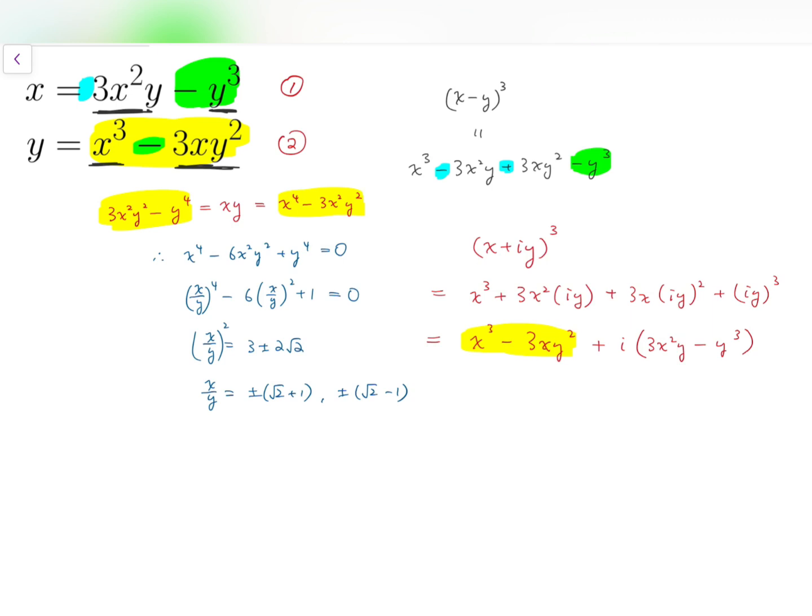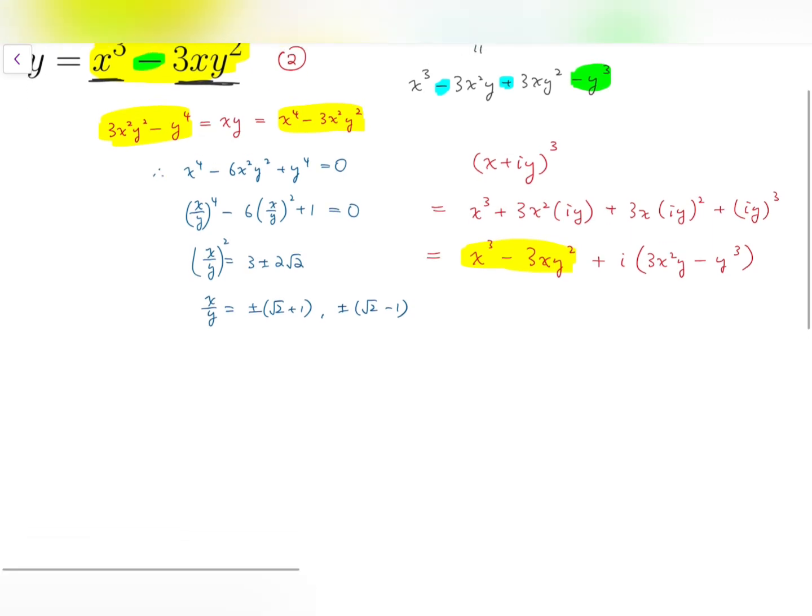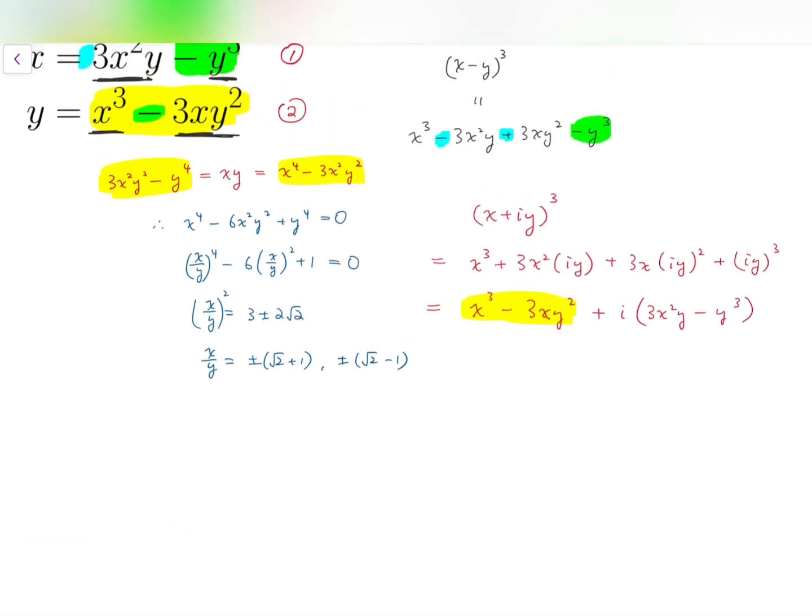If you put this together with our two equations, then we can say that therefore we have x plus iy all cubed is equal to y plus ix. And if we take out i on both terms at the right, we have i times x minus iy.